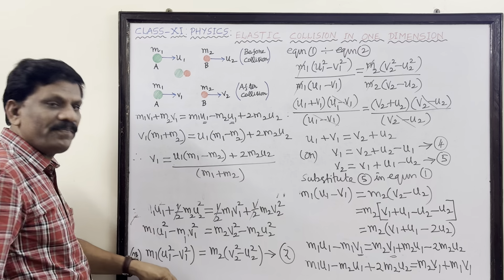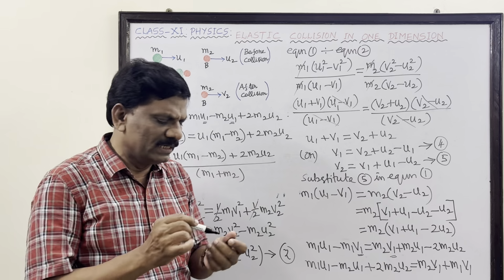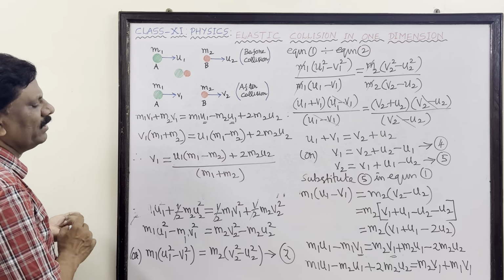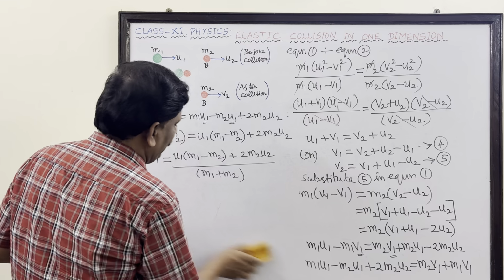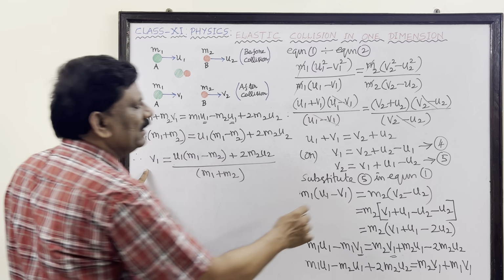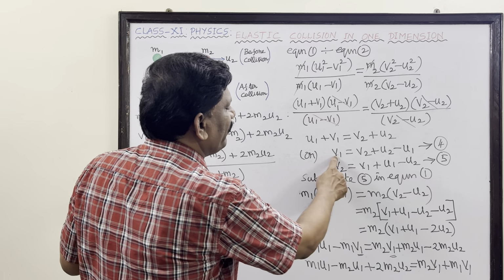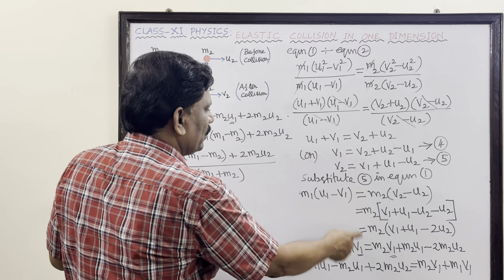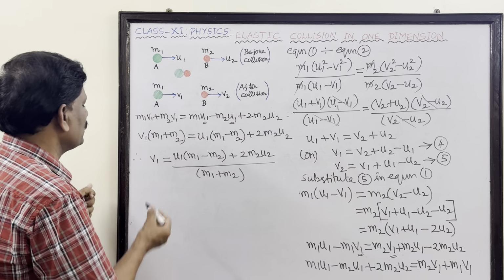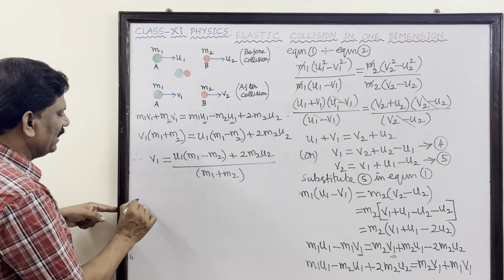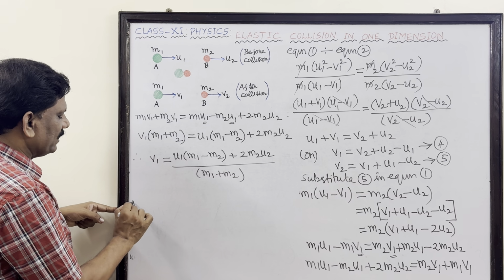So this is the expression for v1 we have derived. If you want to derive an expression for v2, then here you should have substituted for v1. If you substitute for v1 here, then you will land up in the equation for v2.